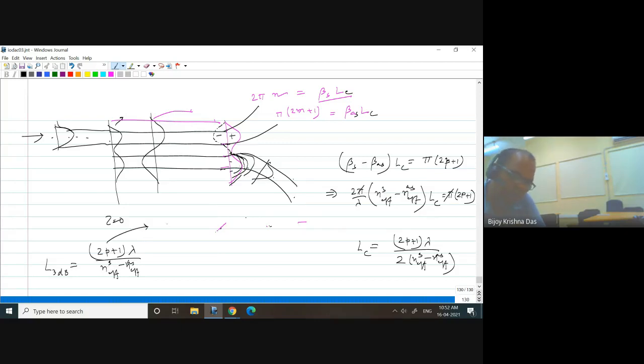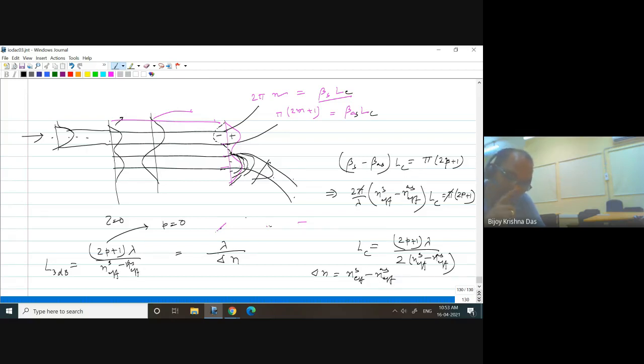Suppose p equals 0 if I consider, then it will be lambda by delta n. Delta n means the effective refractive index difference between the symmetric mode and the anti-symmetric mode.